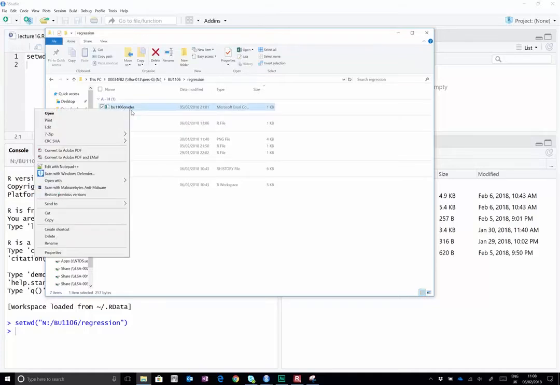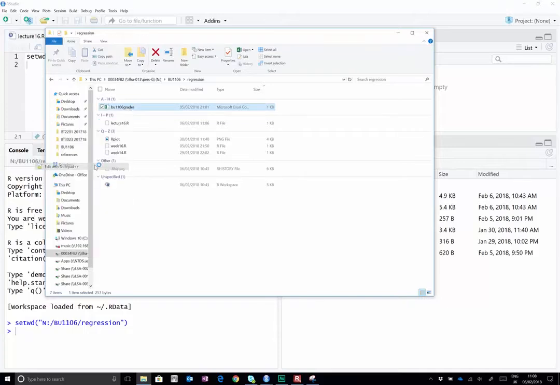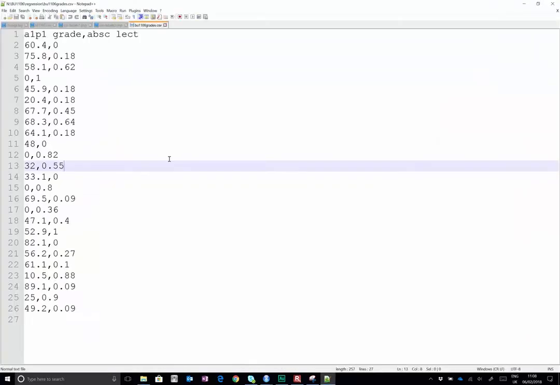But then it will just look like any other spreadsheet. So instead I'll open it with a normal editor, and you can see here we've got all the values. The first line in this case is some sort of label: Assignment 1, part 1 grade, and here absence for the lecture.